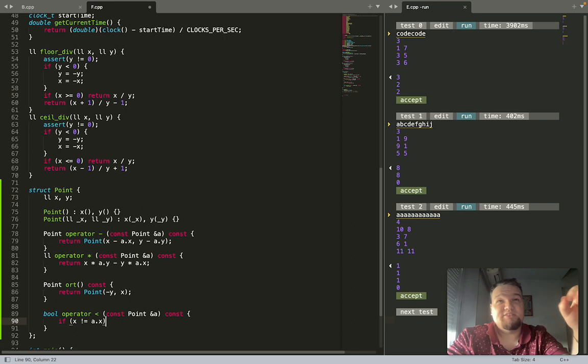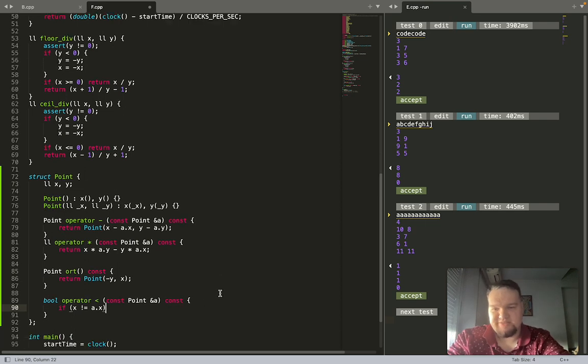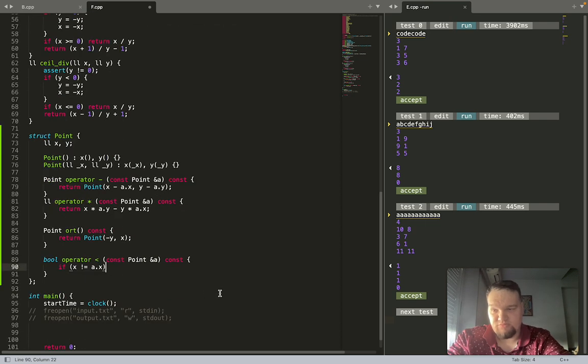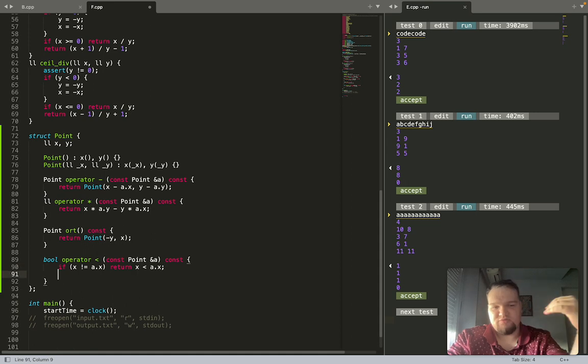I also need to sort them initially, in horizontal direction, so I can do that now. So if x coordinates are not equal, then the smaller ones should go first.